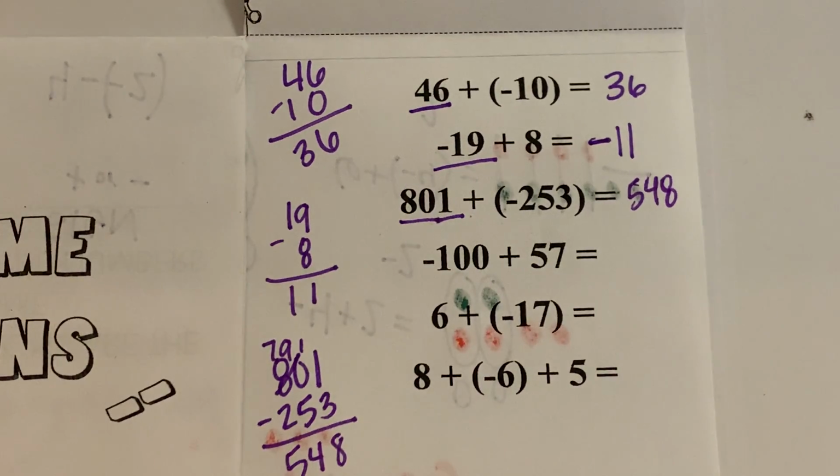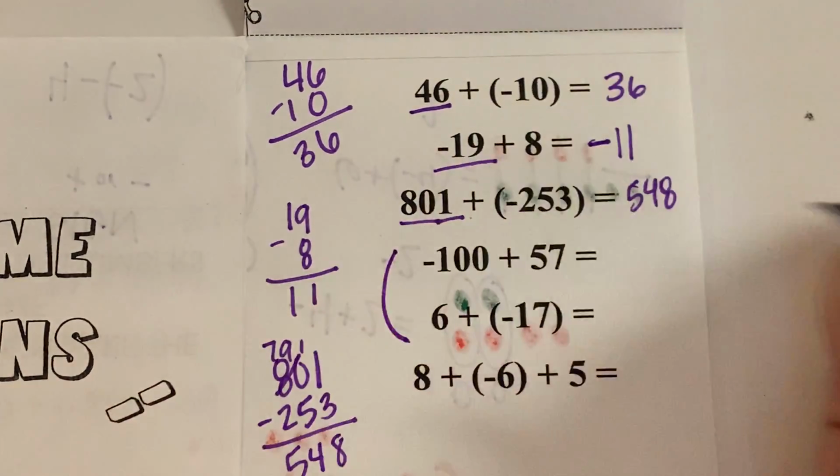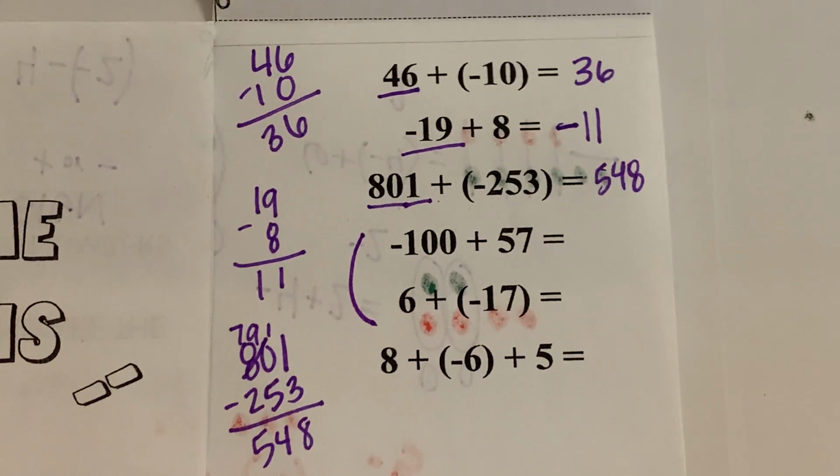It just so happens that it did in these 3 problems. And I got positive 548. Is that what you got? Yeah. Try the next 2 completely by yourself, and then check your answers with mine. And then I'll do the last one with you.